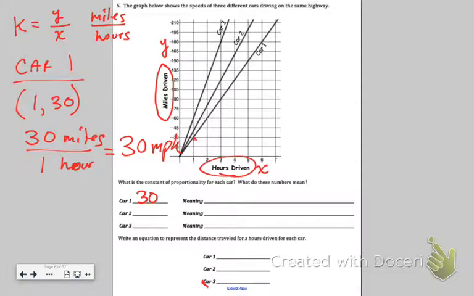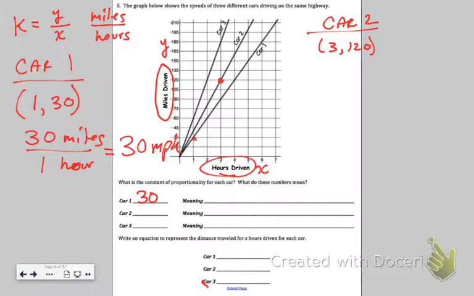Car 2 is a little trickier. Car 2 doesn't quite hit anything at the next value of 1. It almost hits 45, but not quite. So let's continue on the line. I'm tracing that line, and I don't see it hit anything until up at 3 hours, and that's at 120 miles. So for car 2, I'm looking at the ordered pair (3, 120).